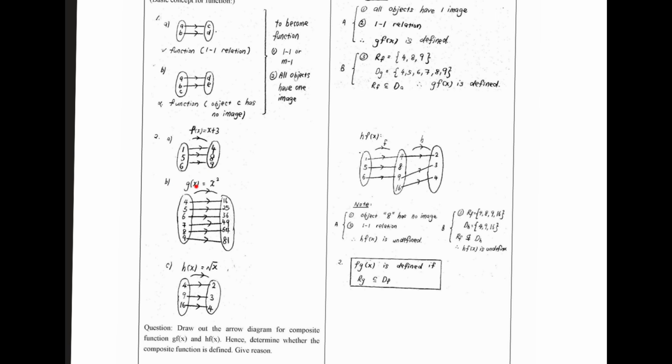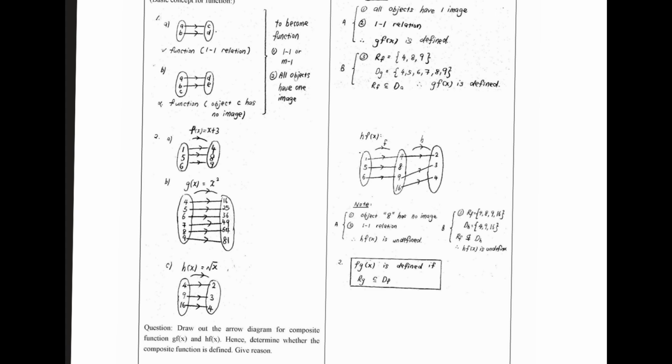The second function, g(x) equal to x squared. So these are the objects. So x, 4, you square it, 16, 5, you square it, 25, and so on. Now the third function, c, h(x) equal to square root of x. 4, you square root, you get 2. 9, you square root, get 3. 16, you square root, you get 4. Okay, so this arrow diagram represents this h(x).